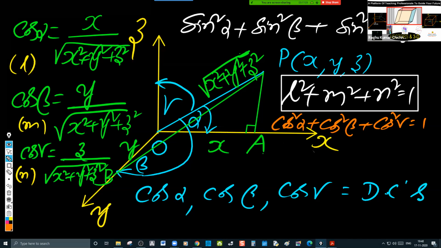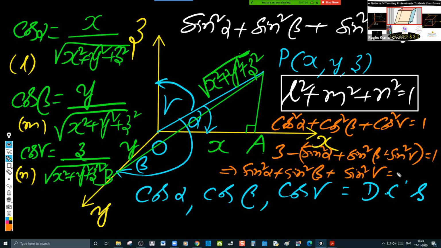You will get 3 minus of sine square alpha plus sine square beta plus sine square gamma is equal to 1, which implies that sine square alpha plus sine square beta plus sine square gamma value, if it is asked in the objectives, it is 3 minus 1, 2.